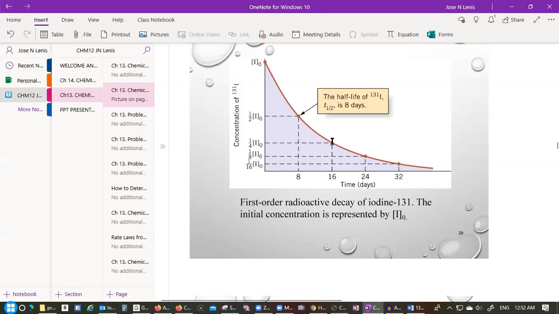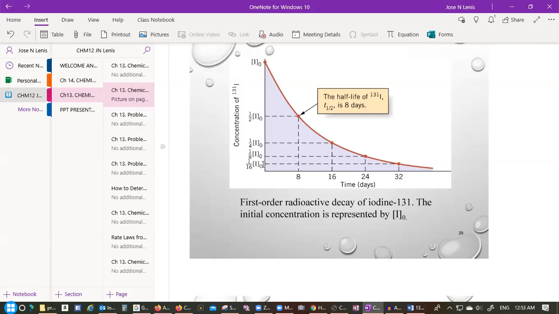What happened after another 8 days? Always 8 days. 8 days is the key. The mass reduces by exactly 1/2 of the previous one. And after another 8 days, the mass goes down again by half. And that is what we call the half-life. You can see the half-life of iodine-131 is 8 days.